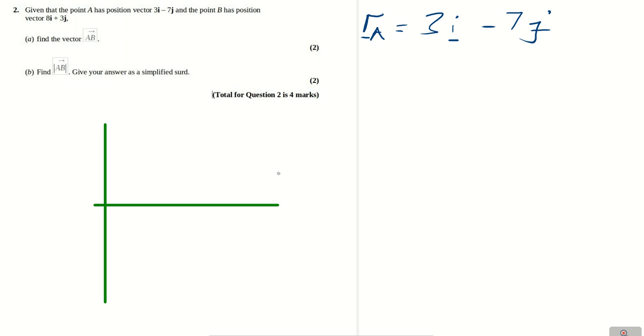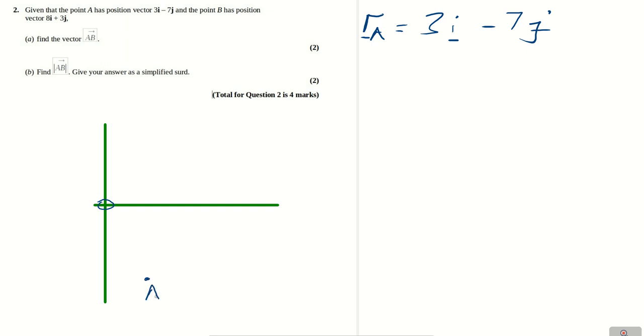So what that's really telling us is that the position vector r means the vector that starts at the origin and goes to the point A. So the point A is the point (3, -7), which will be something around there.